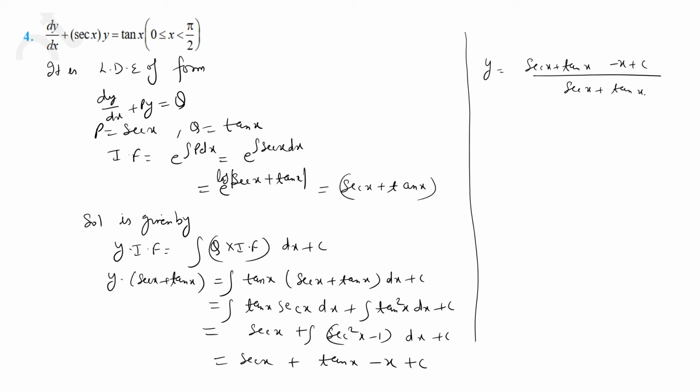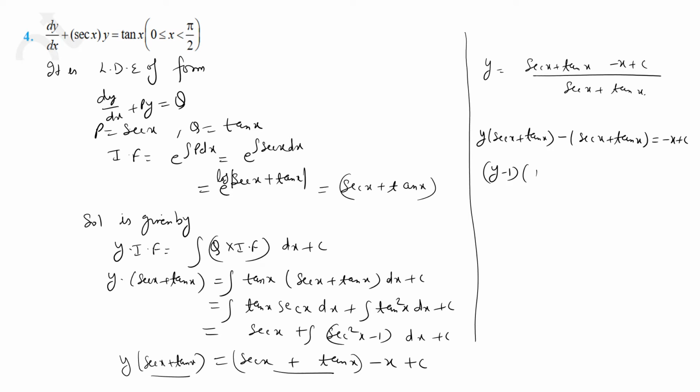Or you can adopt some other way: take this term to the other side. In that way it can be written as y minus 1 times (secant x plus tan x) is equal to minus x plus c, which is the required answer. Or you can bring this x to this side also.